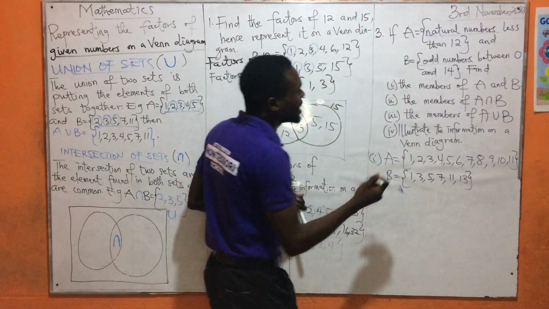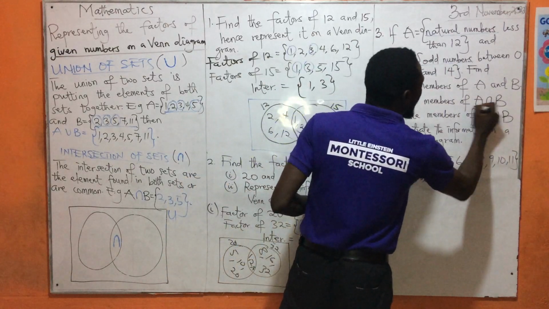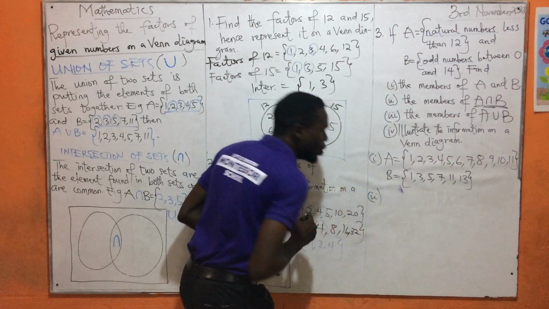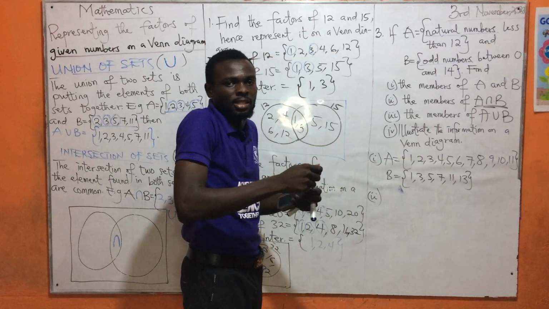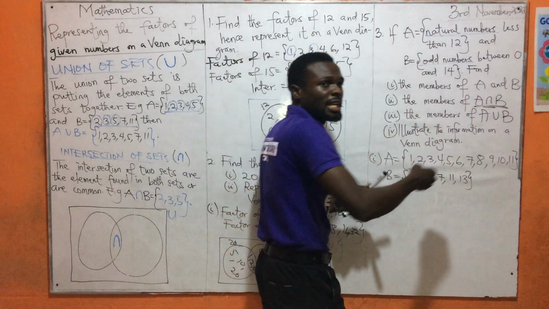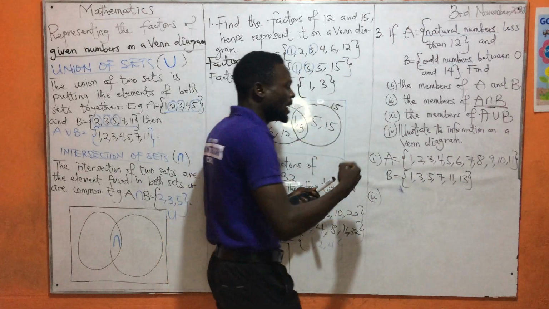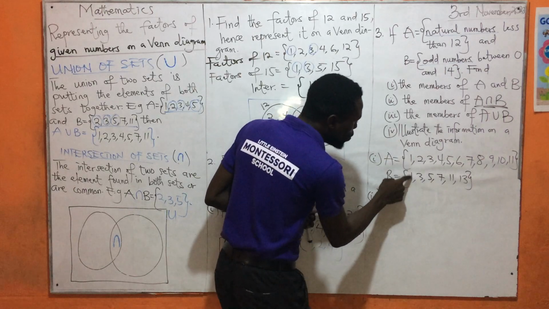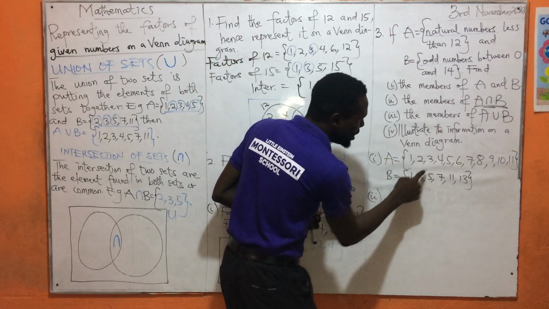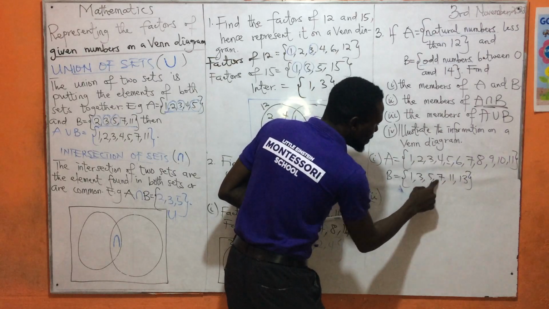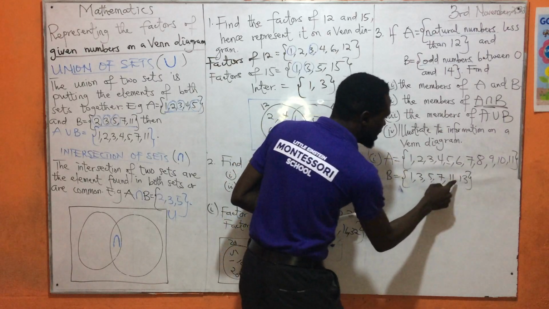Then the next one says that we should list the members of A intersection B. We already know what the intersection is. They are the elements that can be found in A, and at the same time they can be found in B. So what are the elements? We can see 1, 3, 5, 7, and we can also see 11.